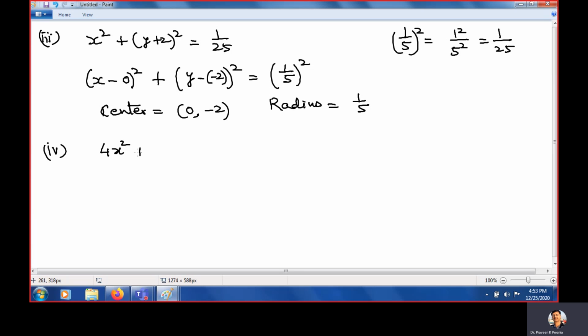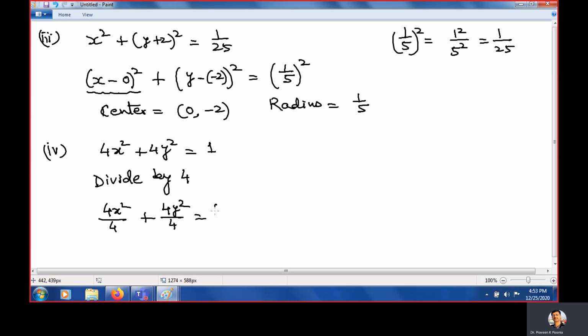4x power 2 plus 4y power 2 is equal to 1. Because here we should have only (x minus 0) power 2 or (x minus a) power 2, whatever, so divide by 4. Because here should not be any number. Divide by 4. So 4x power 2 upon 4 plus 4y power 2 upon 4 is 1 upon 4.